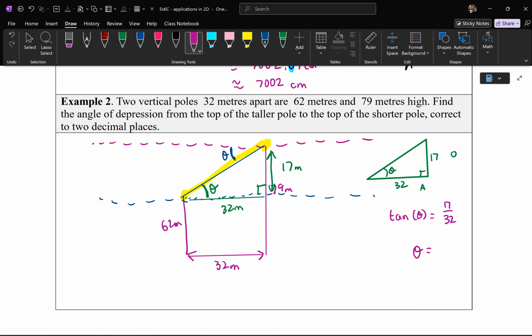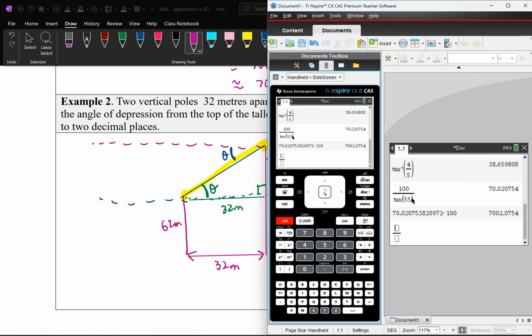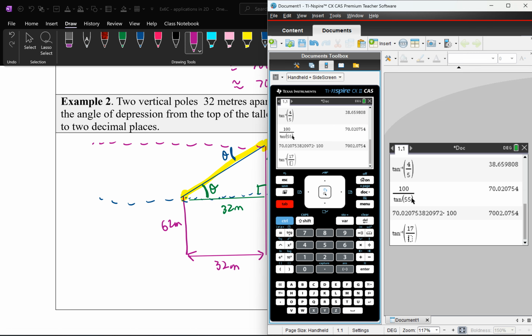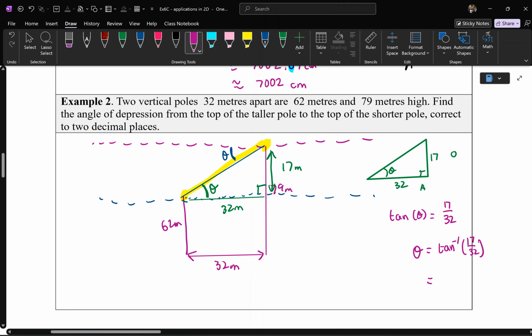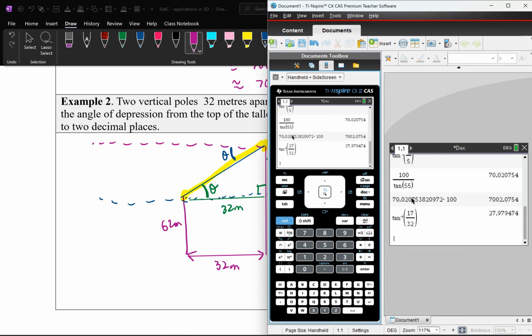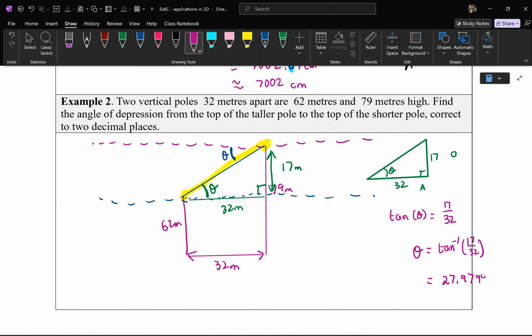On your calculator, figure out what tan inverse of 17 on 32 is, correct to 2 decimal places. Round this to 2 decimal places, what do you get?